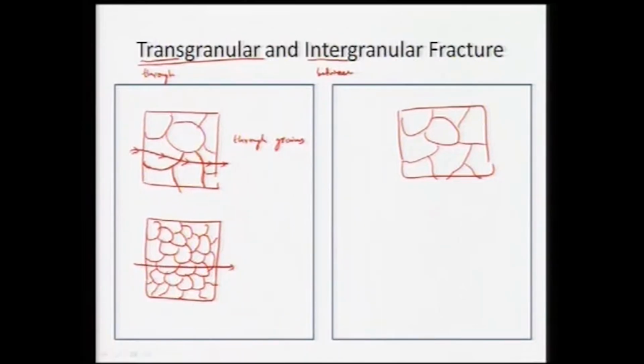In this case the crack was encountering grain boundary at 1 and 2 in a coarse grain material, whereas in case of fine grain material or a nano material, the crack is encountering grain boundary at 1, 2, 3, 4, 5 times. So, it is encountering grain boundaries many more times, and it will provide very high resistance to crack propagation.